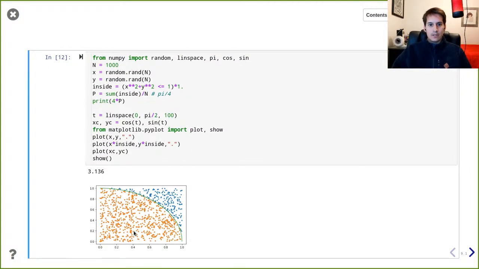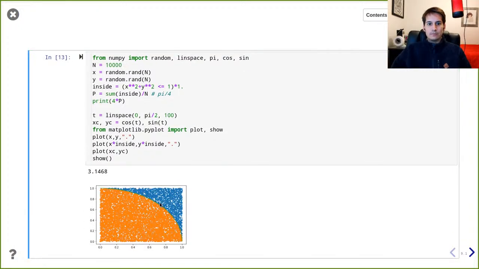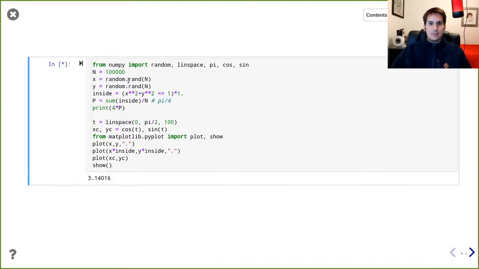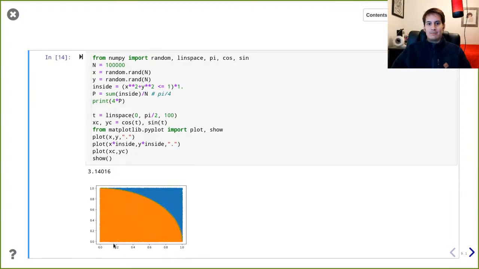So you have the points inside the circle and the outside of the circle. When you do the ratio of the points inside the circle with all the points, you get an approximation of pi. And obviously if we put more points, you start getting better and better approximations. And when you put so many points that the marker size is too big, you basically see a disk with a blue background.